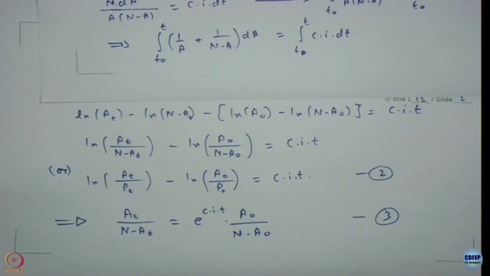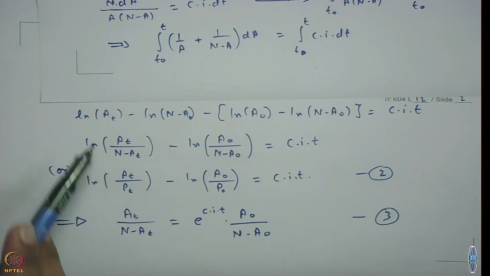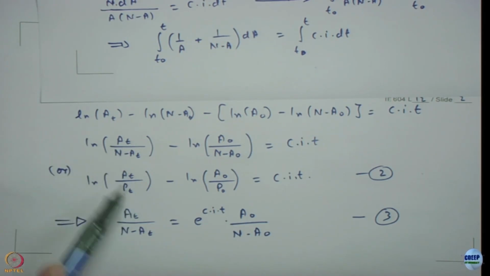So, what you are trying to do is trying to solve for AT. This is just an intermediate step, we can view it in this form or we can expand further. N minus AT is nothing but PT, I just want to reinforce it, these are equivalent, either I represent it as PT or N minus AT. I can remove the logarithm by raising to the power e, which is what I did in equation number 3.